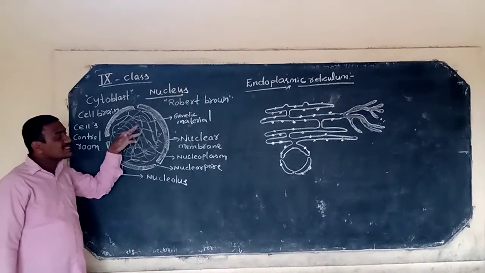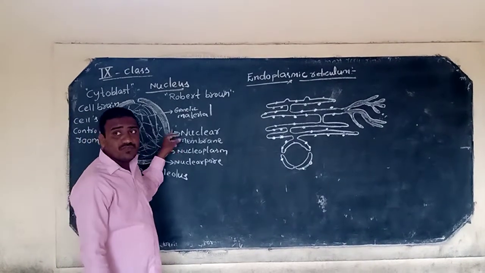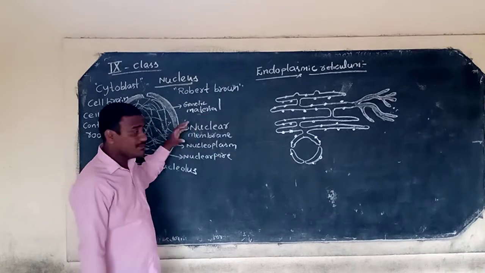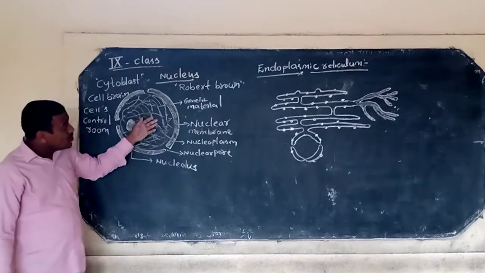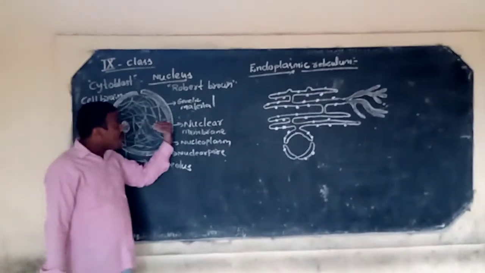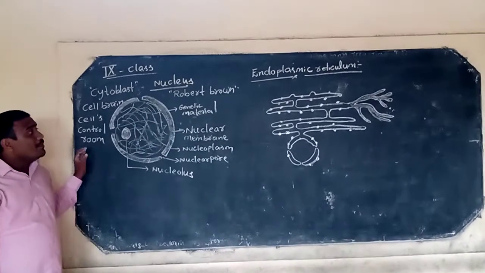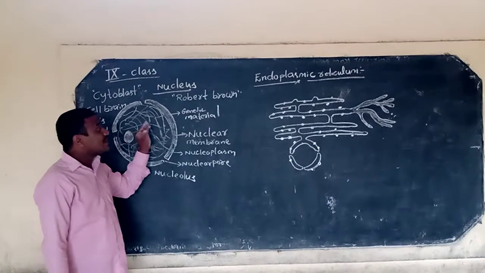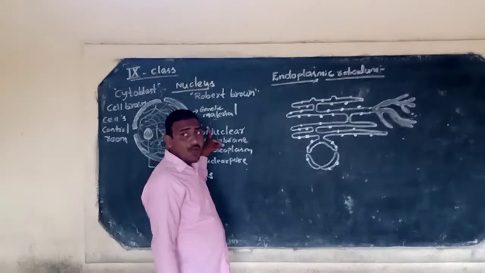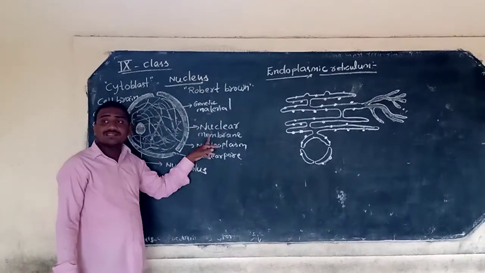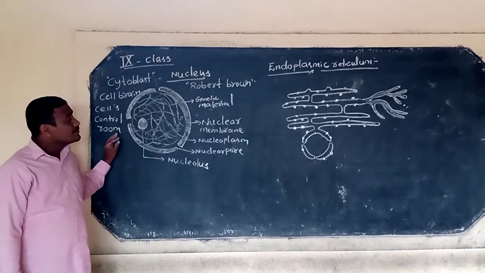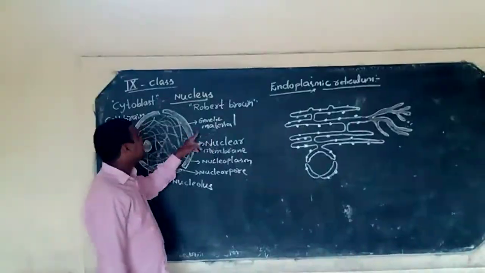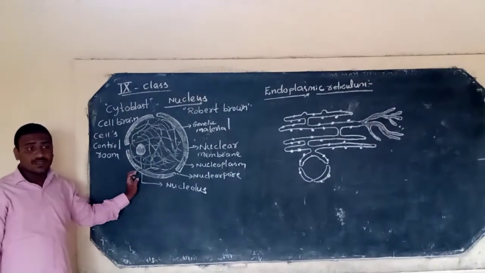Most of the cells contain a nucleus. Without a nucleus we can't imagine the cell. But a few exceptions are there. What are they? The red blood cells of mammals and the phloem sieve tube cells do not contain the nucleus.